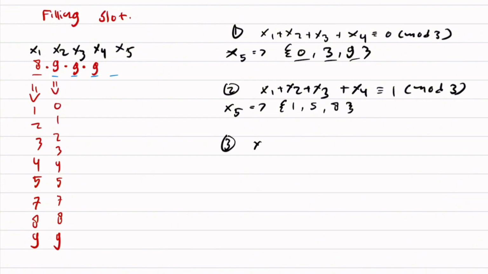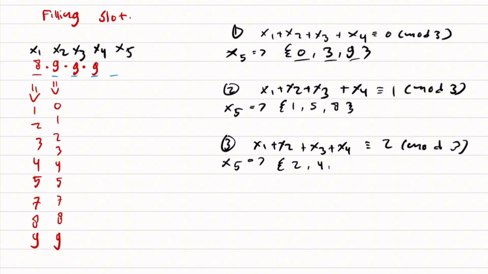Third case, x1 plus x2 plus x3 plus x4 will give us a remainder of 2 when divided by 3. And here, later on, the possible numbers for x5 are 2, and then 4 and 7. 7 is possible.